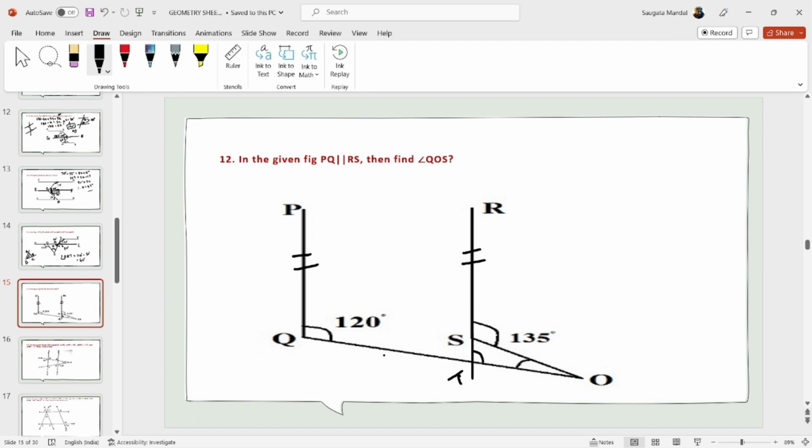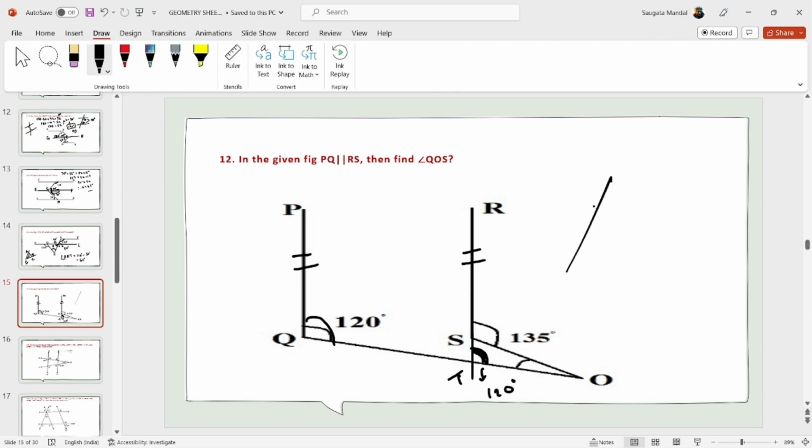Here PQT and RTO are corresponding angles. They are equal to each other. That means this angle is also 120 degrees.